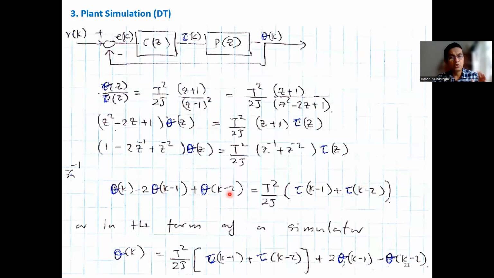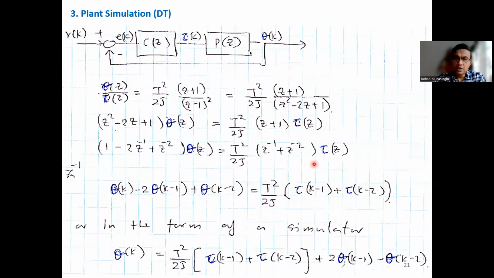Theta K minus 2 means 2 steps back. So depending on your transfer function, you get this expression: how many past samples there are. They're naturally coming from the transfer function. When you write down the dynamics of the plant, you're actually writing how many samples are required in the discrete version.